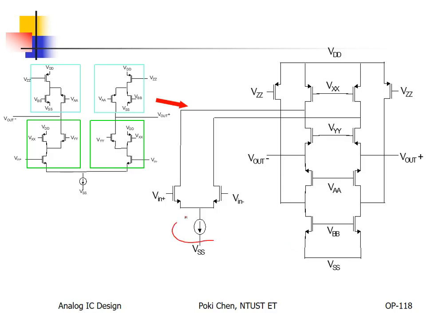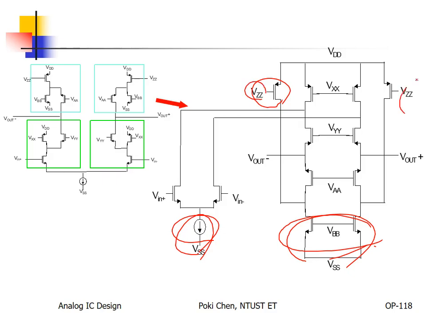What is the major function here and there? MOSFET with DC bias, it means DC current. So you have DC current here, you have DC current there. Similarly, you have DC current here because that is for PMOS. And VZZ, fixed DC bias. So it means DC current flows from here and into your VBB.